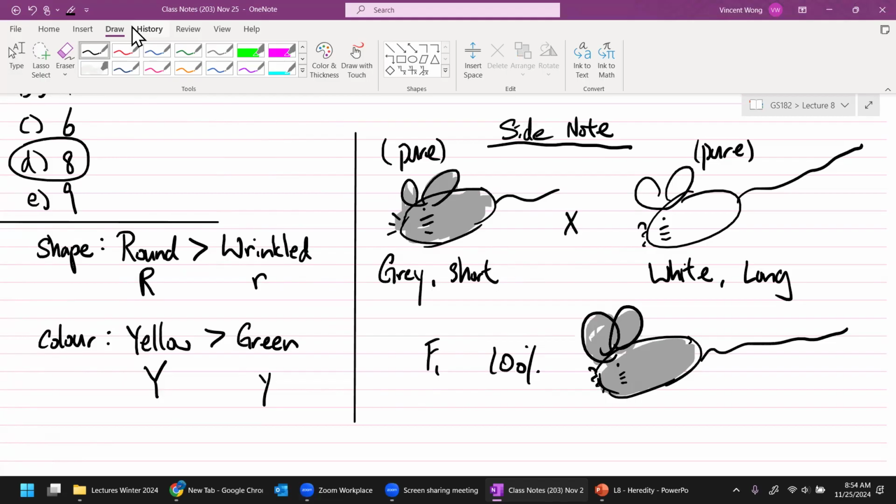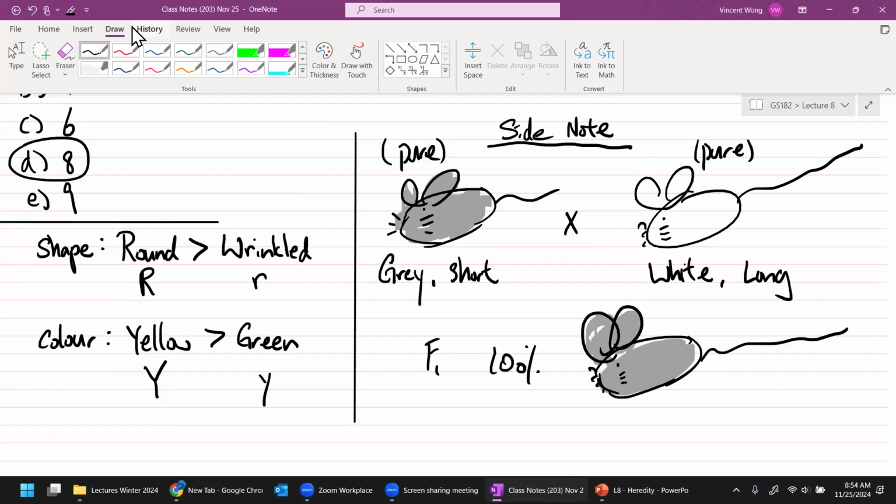I will say there are two parents and they are pure, and after you breed them, everybody looks like that in F1. Then you are supposed to figure out from this information what's dominant and what's recessive. It's very simple, actually. You just look at the F1, and whatever the F1 looks like, those are the dominant traits.